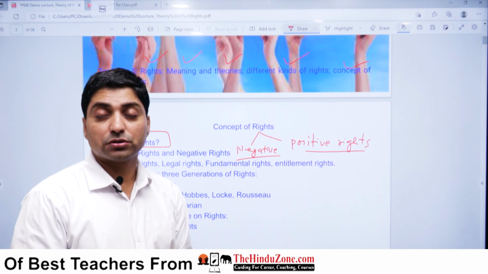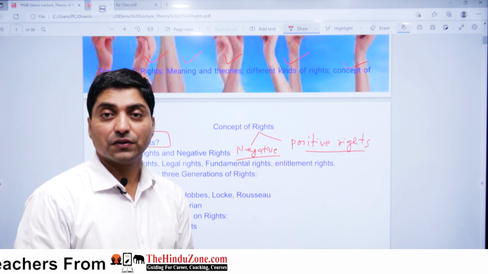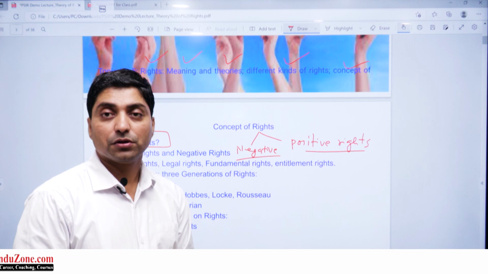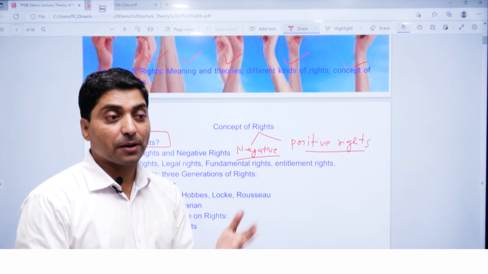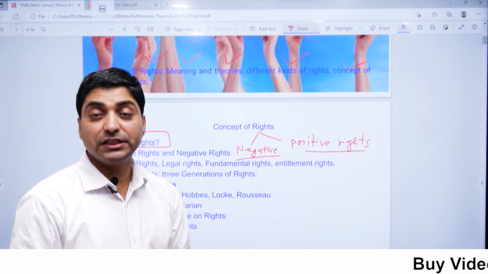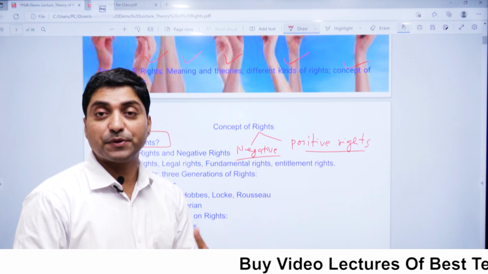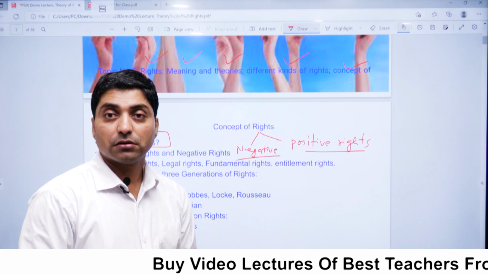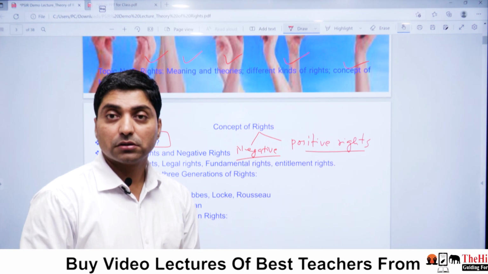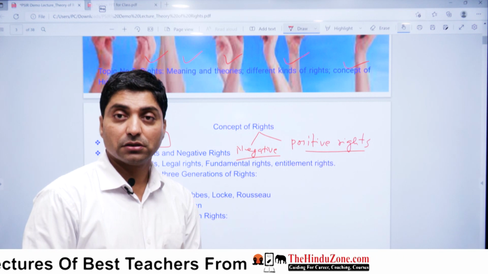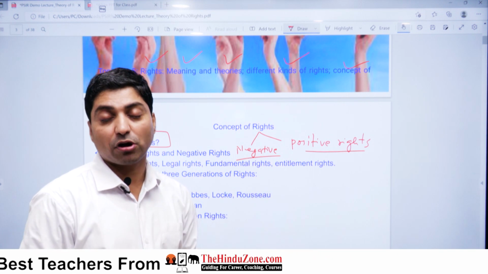We talked about right to privacy, right to freedom of speech and expression, right to eat, right to livelihood, right to walk, right to education, right to information. Lots of rights that we talk about.